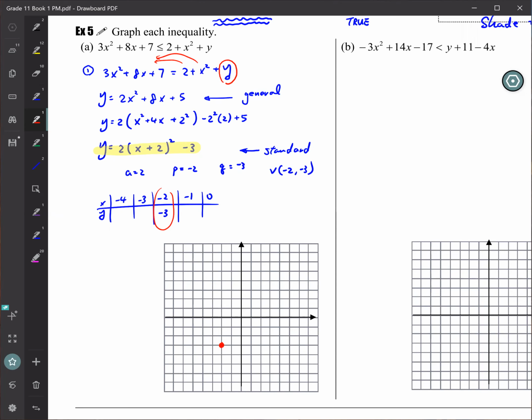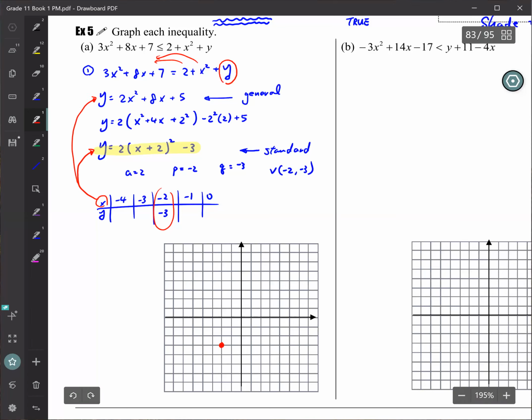When you try to find the y values for the table, you can plug all the x values into this equation, either this one or that one.